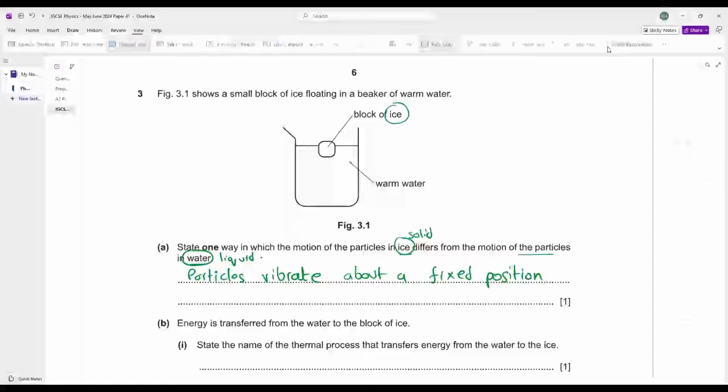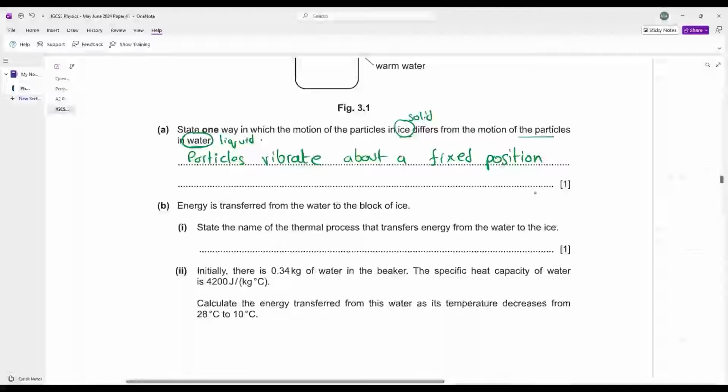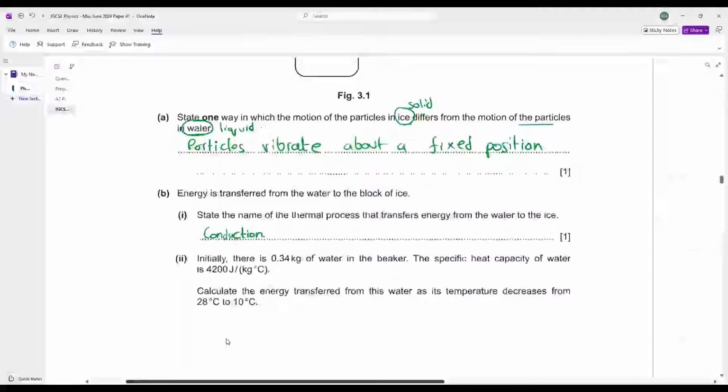Energy is transferred from the water to the block of ice. Okay, energy जो है transfer हो रही है from the water to the block of ice. State the name of the thermal process that transfers energy from the water to the ice. Whenever two objects are in contact with each other, the energy transfer happens through the process of conduction.